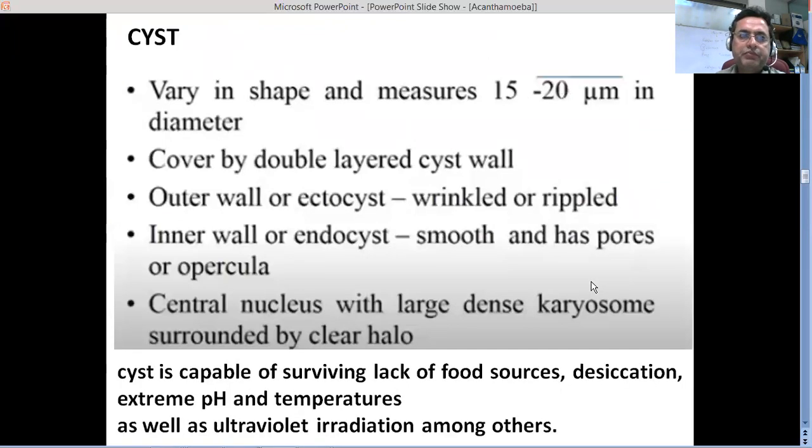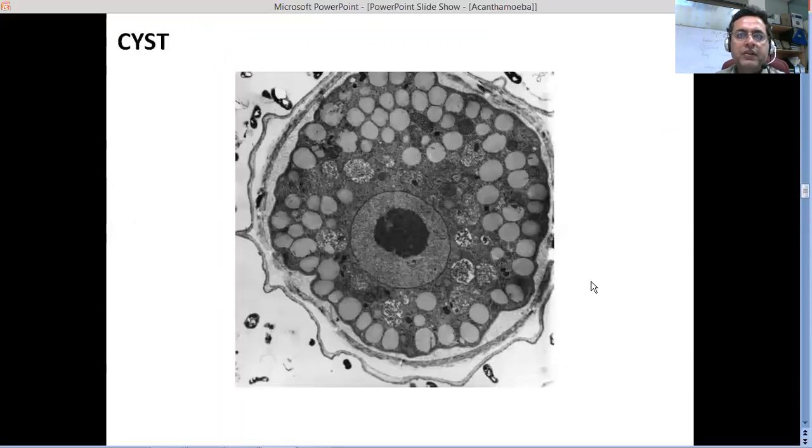So the cyst, it changes into the cyst form when the conditions are not favorable. It's a double-layered membrane. You can see in this particular slide, it's an outer cyst which is ringled, and there is an inner cyst wall, and there are different organelles there.